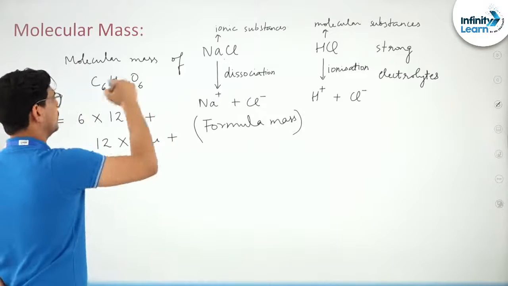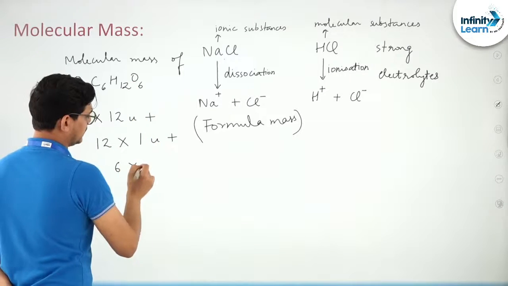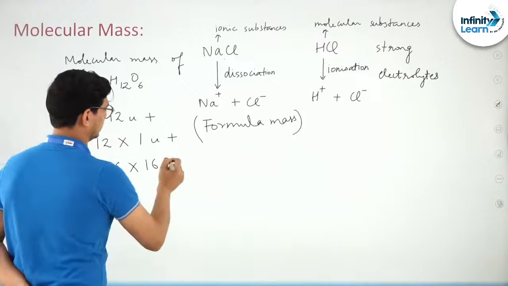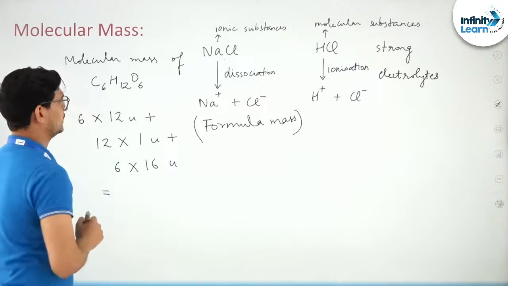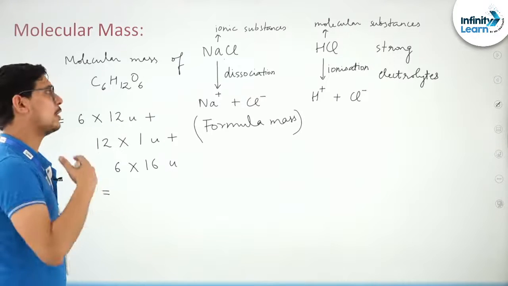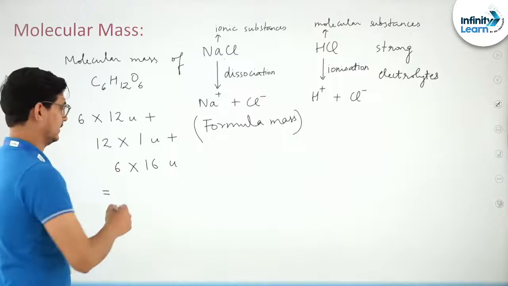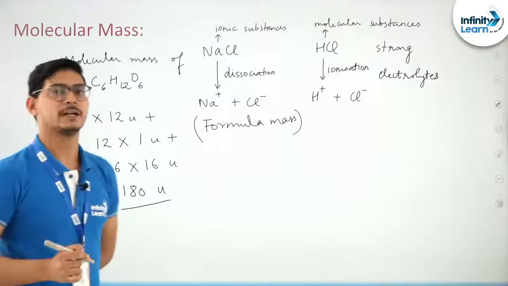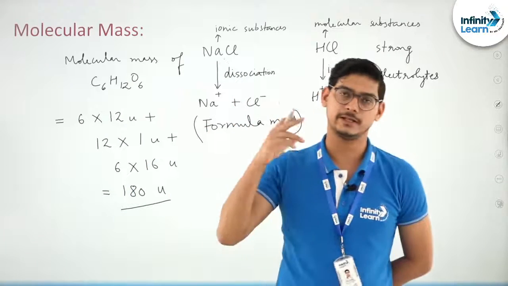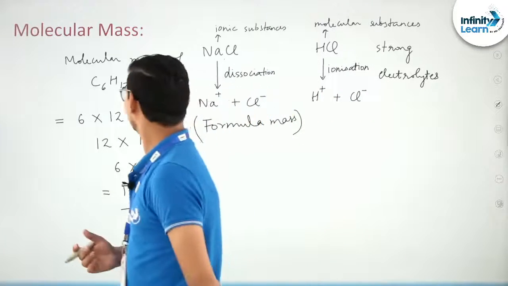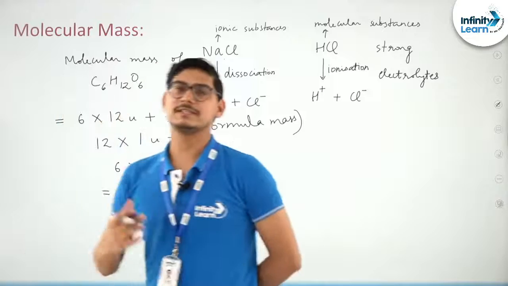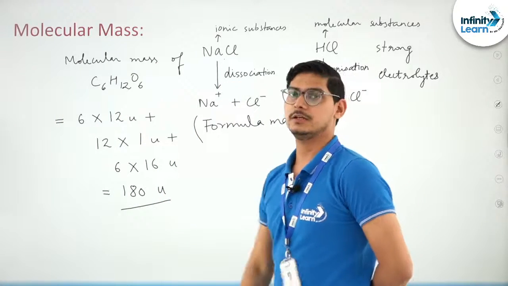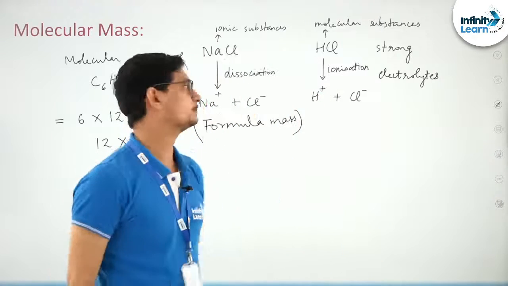And finally is oxygen. There are 6 oxygen atoms and the relative atomic mass of one oxygen atom is 16. If you work this out, you will be using it in countless questions in chemistry. And it's not bad to have some molecular masses ready in your head, right? So the molecular mass of C6H12O6, which can be glucose, is 180 units, okay, in AMU.